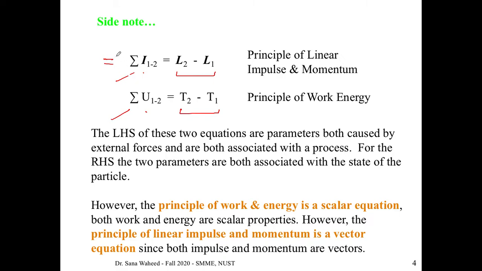Okay, so be careful about this. This is a vector equation. So as we'll see shortly, a vector equation implies that it's going to have 3 scalar equations within it. We'll just discuss that in a short while.